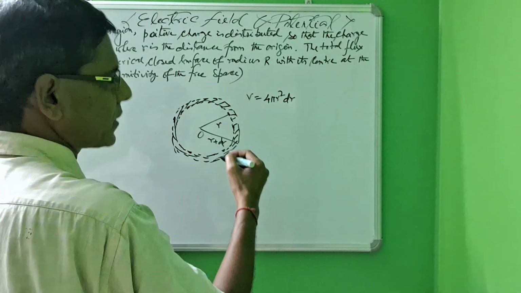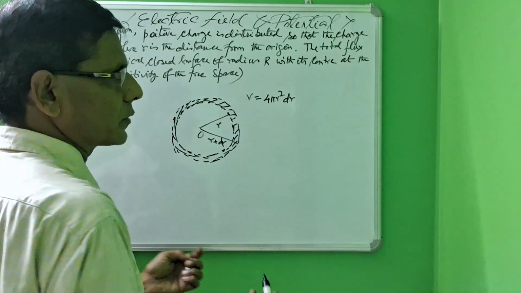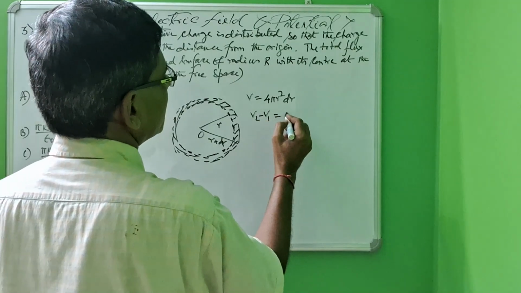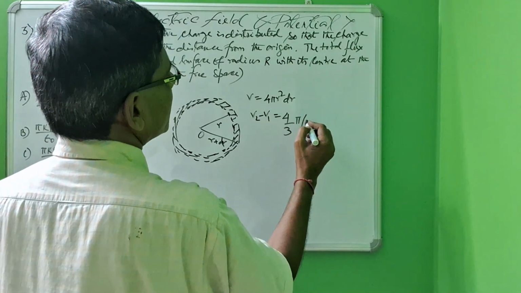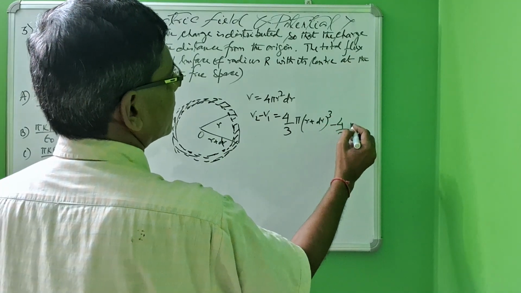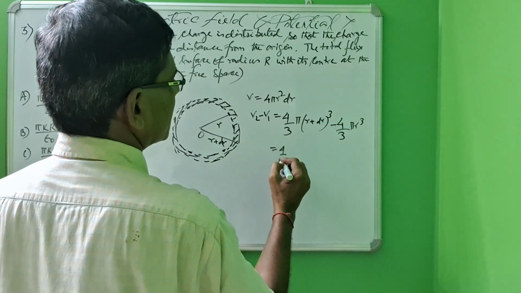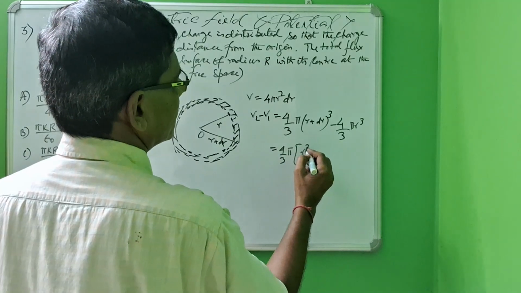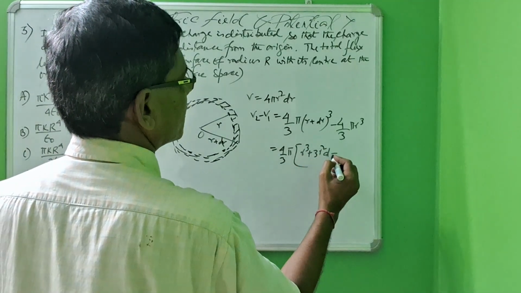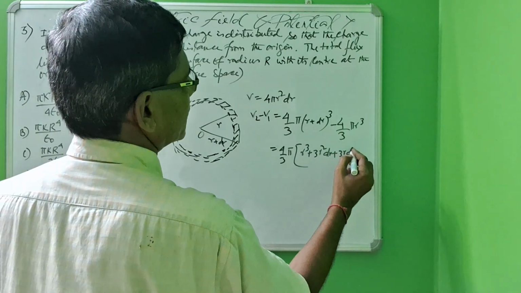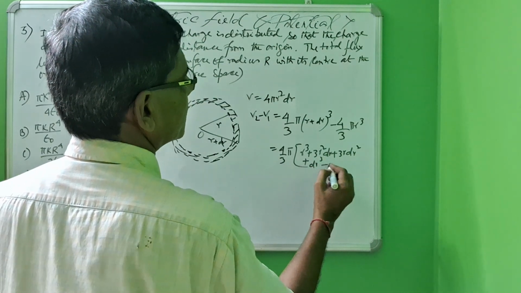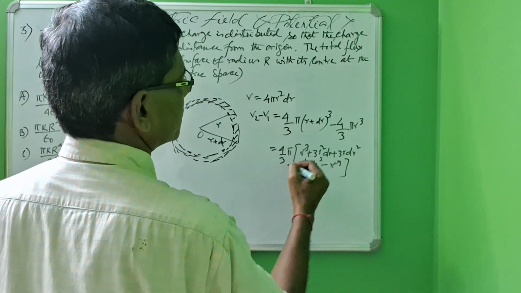Because V is 4/3 pi r cube, it can be simplified as V2 minus V1 equals 4/3 pi (r plus dr) whole cube minus 4/3 pi r cube, which equals 4/3 pi times a cube plus 3a square b plus 3a b square plus b cube minus r cube.